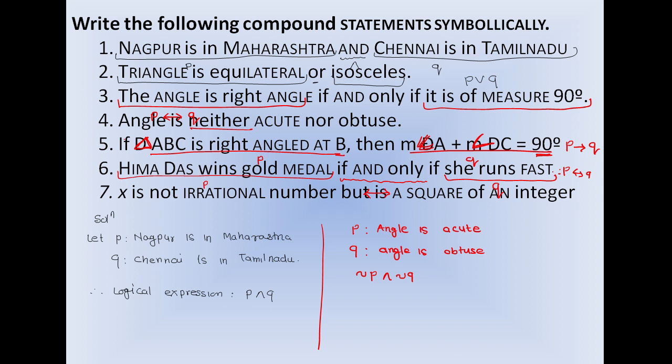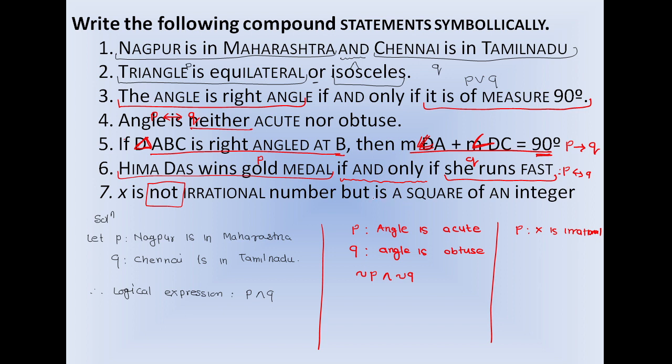Let us go for another one. The next question is, x is not an irrational number but x is a square of an integer. So over here, you are using the negation, which is an operator. So remember, you can't include that not in a statement. So what should be the P? In this case, P is going to be x is irrational.